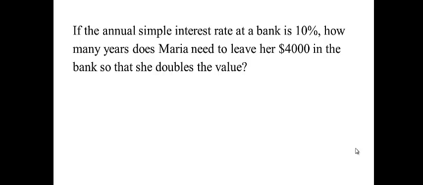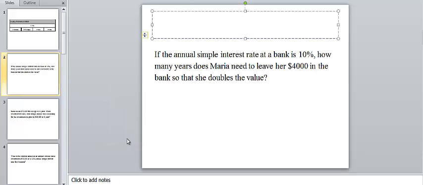So we've been given the initial amount, 4,000. We have our principal. We have the rate too. The question is, how many years does she need? So it's asking for time. Let's put in what we know.